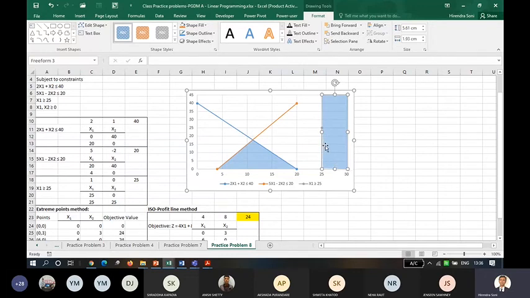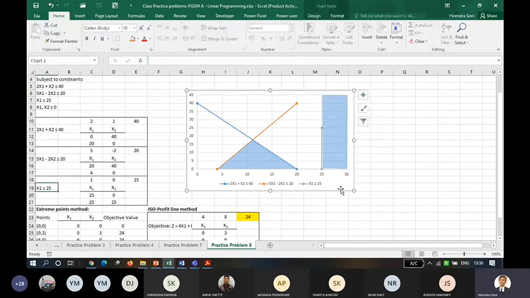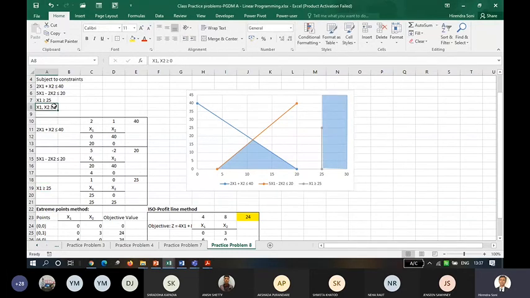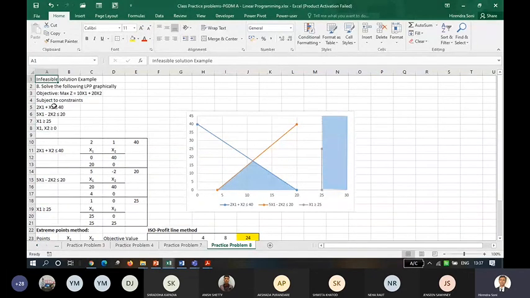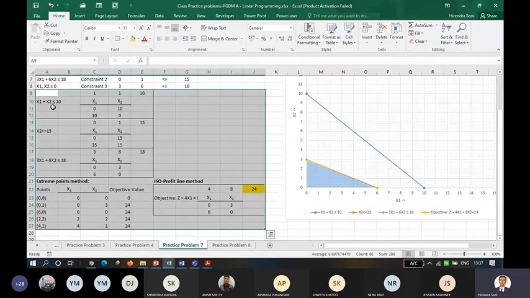Either this is wrong or something is wrong in one of these two, but mostly the chances of this being wrong are high. Only then will you come across a situation like this. Are we okay with this? Any doubts? No, sir. Okay, so infeasible means there is no feasible solution possible. Fine.